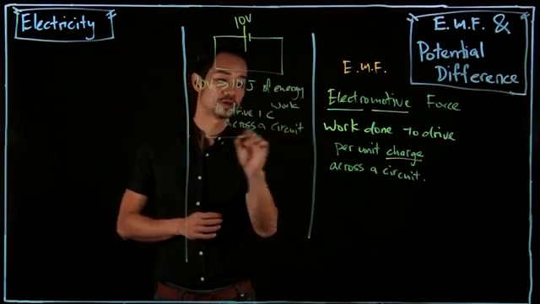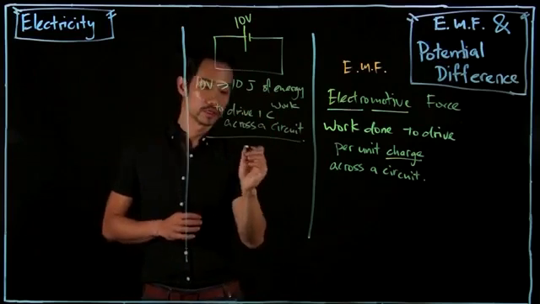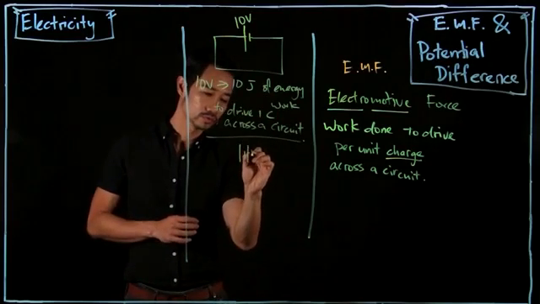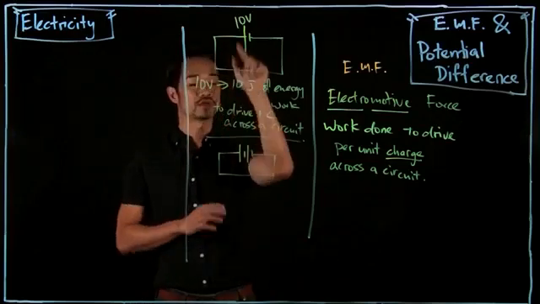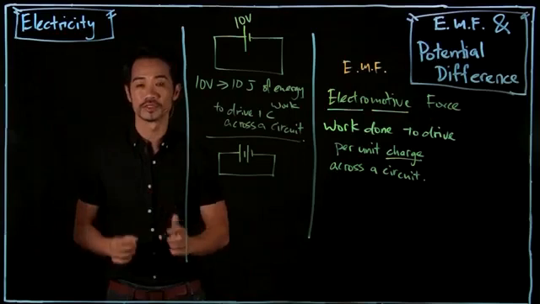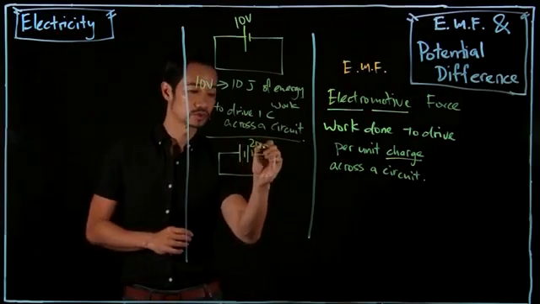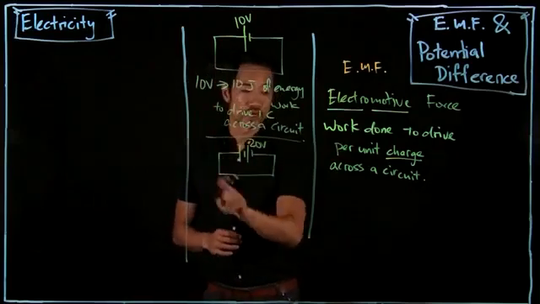So how much work is done? 10 joules for each coulomb of charge. If I have 2 dry cells, each one 10 volts, so I stack them up next to each other, which you will learn as the term series later, let's say this is 20 volts. What is the amount of work done when you drive across?